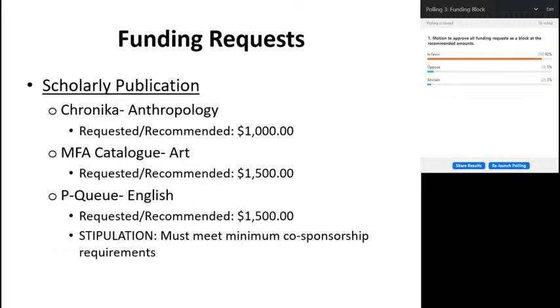We had 54 in favor, 3 opposed, and 2 abstained. So the motion passes. Congrats to the 3 organizations on their secured funding.